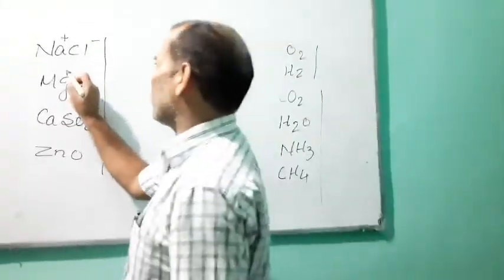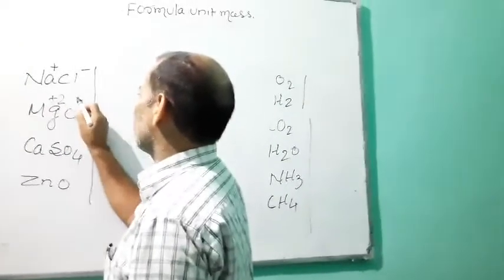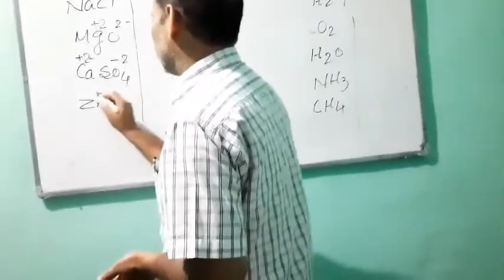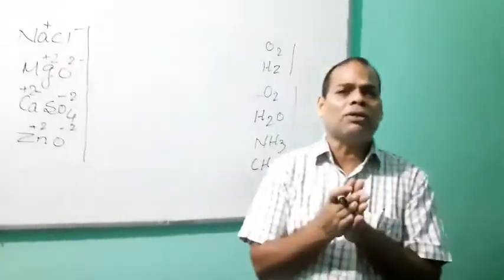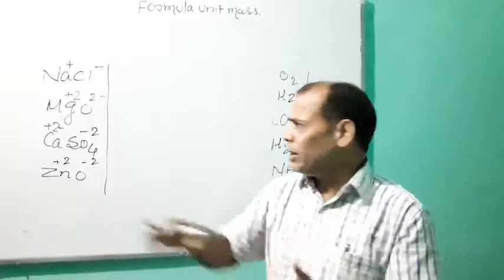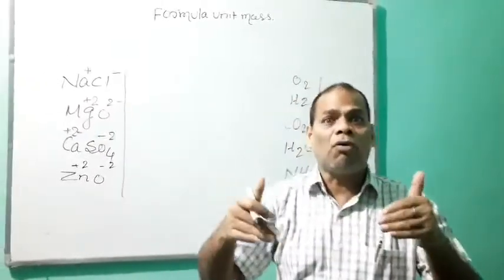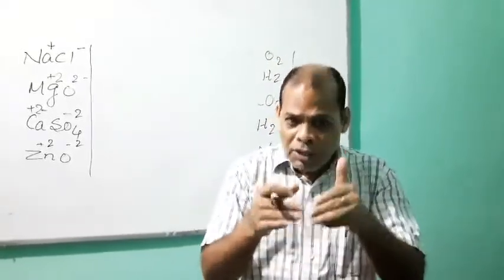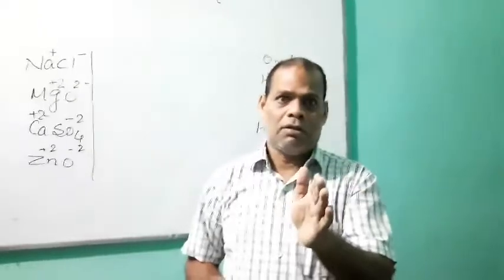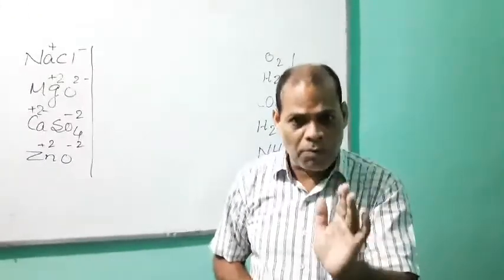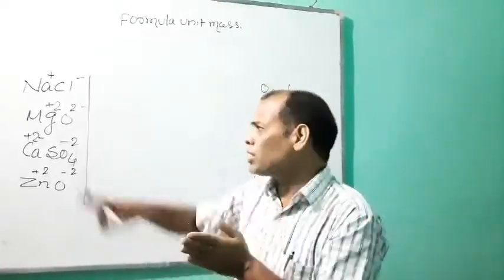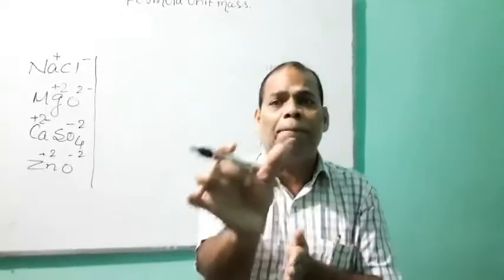All these compounds, like here 2 plus, 2 minus, Ca2 plus, SO4 2 minus, plus 2, minus 2. So here you see in all these compounds, their constituents are in the form of ions. Compounds which are formed by the combination of ions, these compounds are called ionic compounds.